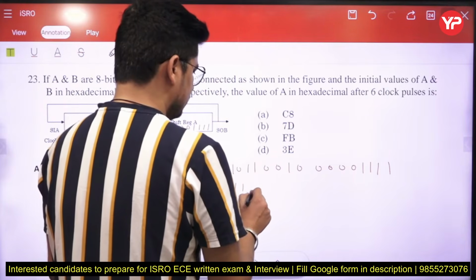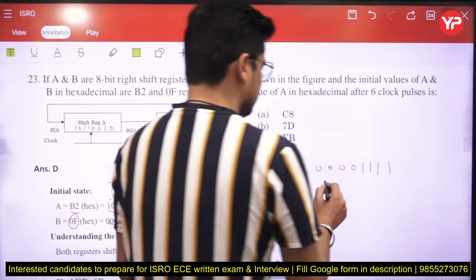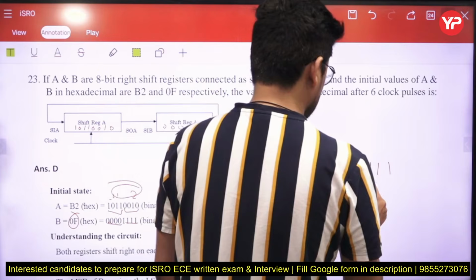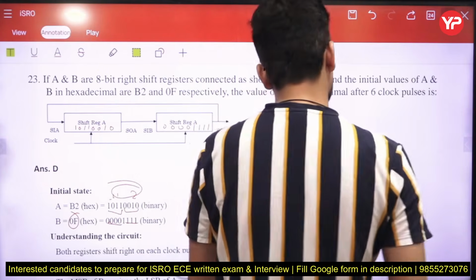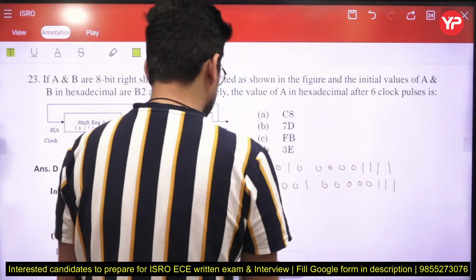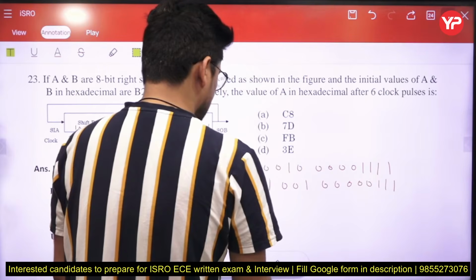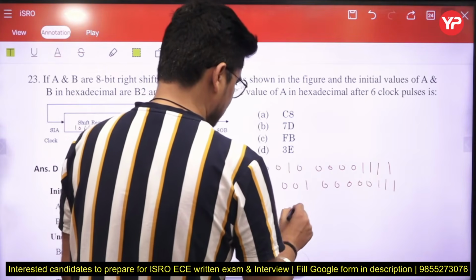Now the last bit will come first and the bits are shifted right by one. After the first clock we get 1 1 0 1 1 0 0 1, then 1 0 0 0 0 0 1 1. For the second clock, the last bit comes into the first position: 1 1 1 0 1 1 0 0, then 1 0 0 0 0 0 1 1.